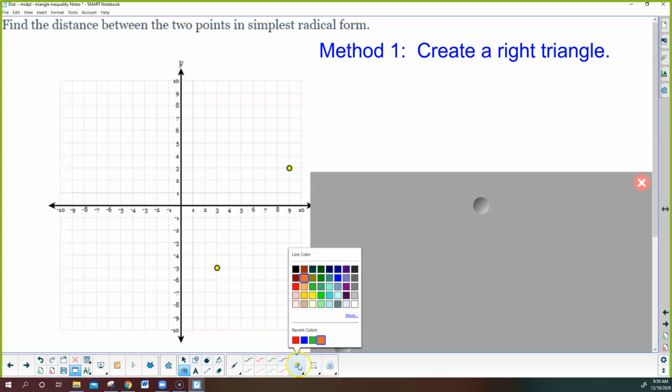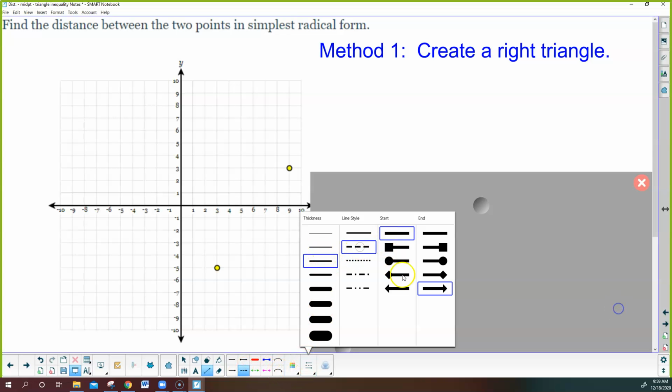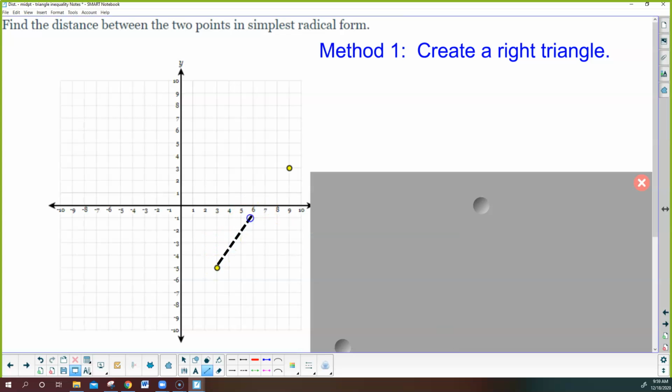And if it's easier for you to view it, I'll actually draw the right triangles in, so that way you don't have to waste time drawing it. But our job is to figure out what's the length of the hypotenuse. And there's my right triangle.